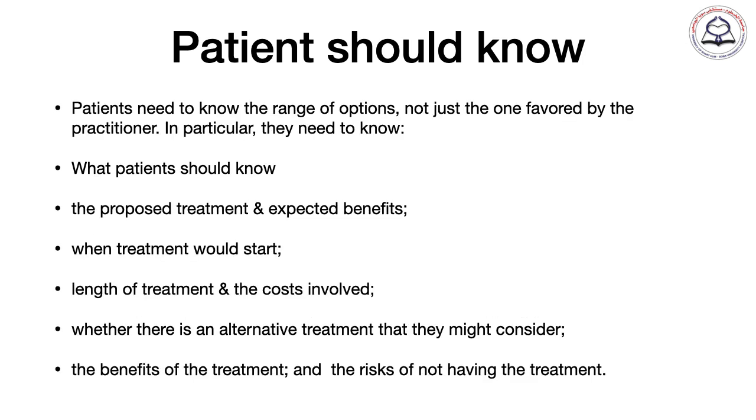Patients need to know the range of options, not just the one favored by the practitioner. So what patients should know: the proposed treatment and expected benefit, when the treatment would start, the length of treatment and the cost involved, whether there is an alternative treatment that might be considered, the benefit of treatment and the risk of not having the treatment.